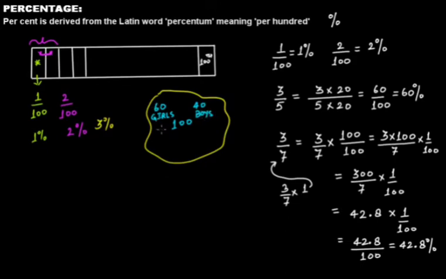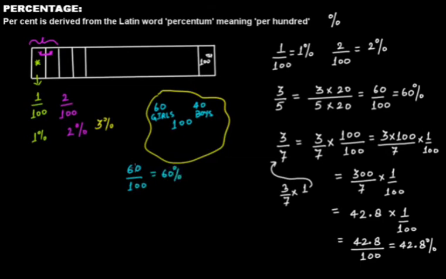What fraction are these girls in the whole class? So in the whole class you have 60 girls and the total strength of the class is 100. So this is 60 over 100, that is 60%.